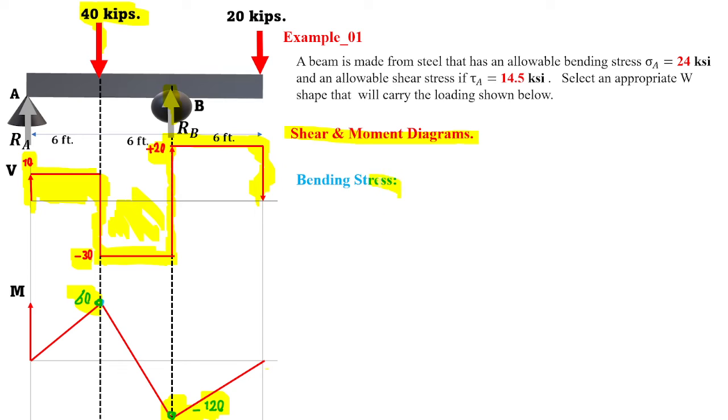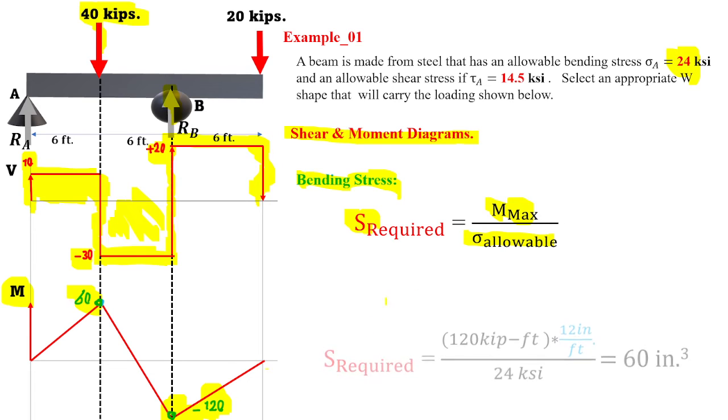So for the bending stress, this is our maximum M. As you can see in the figure for the M graph, that's the maximum amount of M. Forget about negative or positive, just the numeric value. The bending stress equation gives S equal to maximum M over sigma allowable, which is provided in the problem statement as 24.